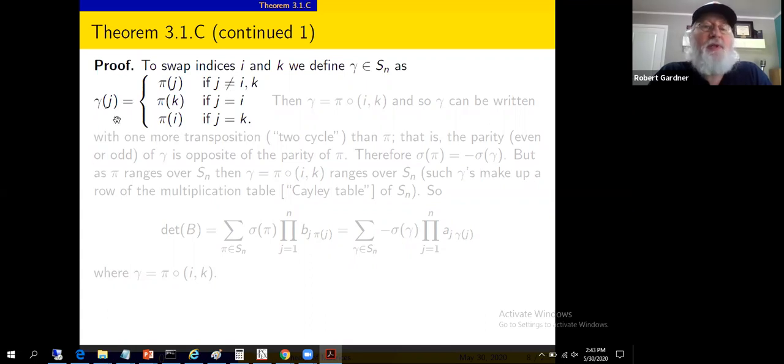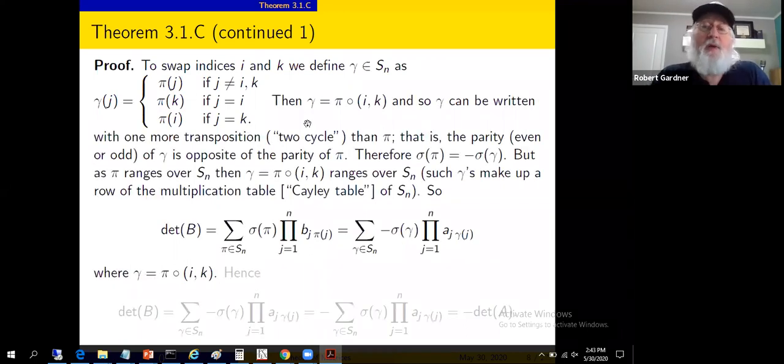Gamma treats K as if it were I and treats I as if it were K. That's the interchanging part. Otherwise, gamma does the same thing that pi does. All right, so where we're getting this gamma function is by first interchanging I and K and then applying the pi.